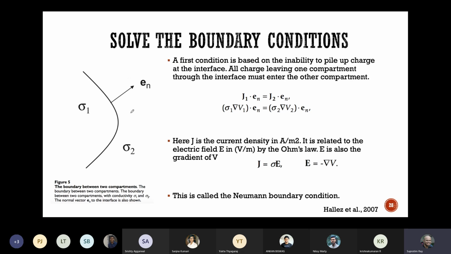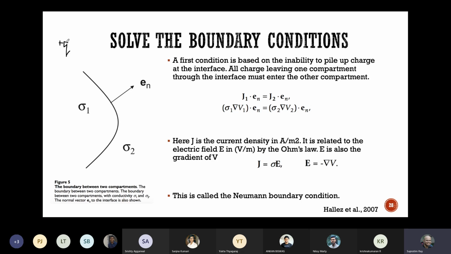So we need a couple of boundary conditions for us to be able to solve this. The first condition is that you cannot pile up charge somewhere very easily. Charges in general are very hard to pile up. You would rarely see a positive charge sitting by itself. This is a monopole, for example.